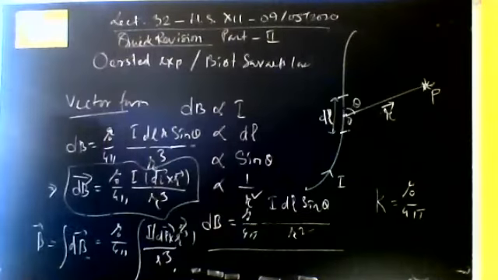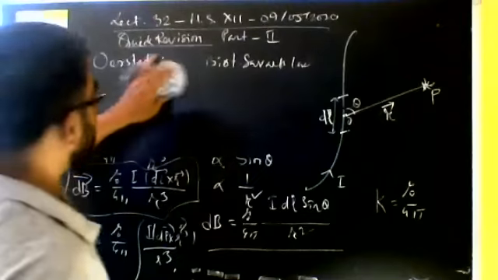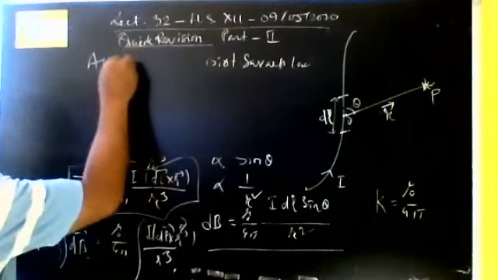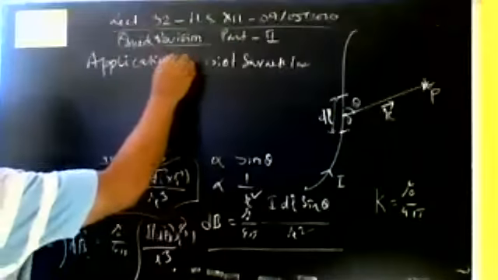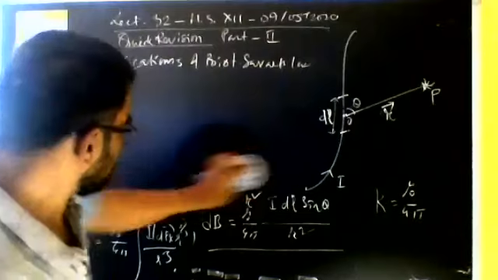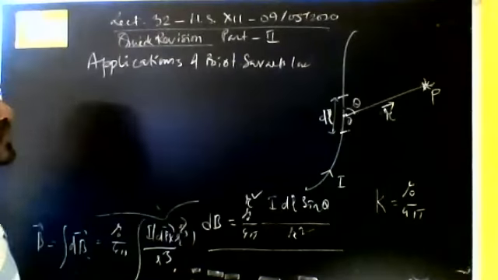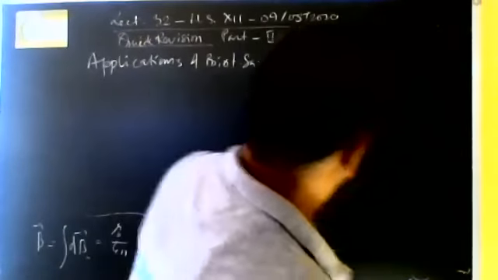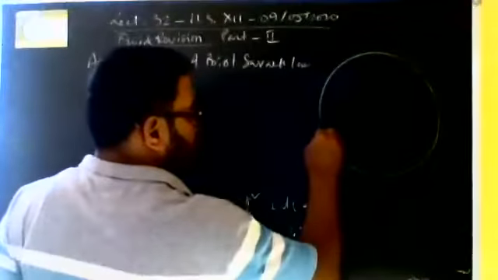Okay. So the next point is the application of Biot-Savart's law. So many applications are there. One of the applications is to find the magnetic field.